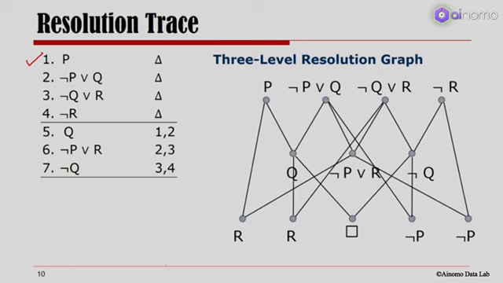One way of dealing with sentences involving equality is to axiomatize the equality relation. We know equality is reflexive, symmetric, and transitive. So we could introduce into our set of clauses axioms stating equality is reflexive, symmetric and transitive.